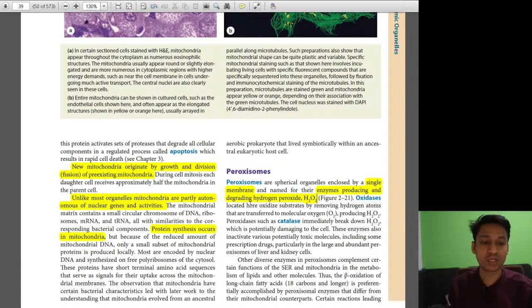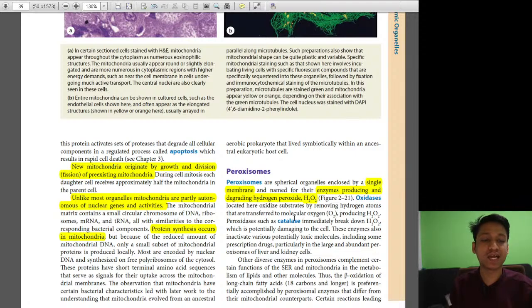Oxidases located here oxidize substrates by removing hydrogen atoms that are transferred to molecular oxygen, producing H2O2.